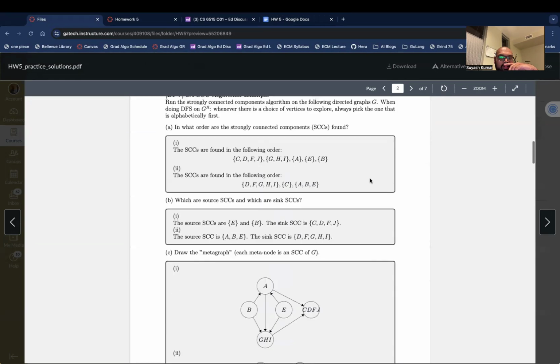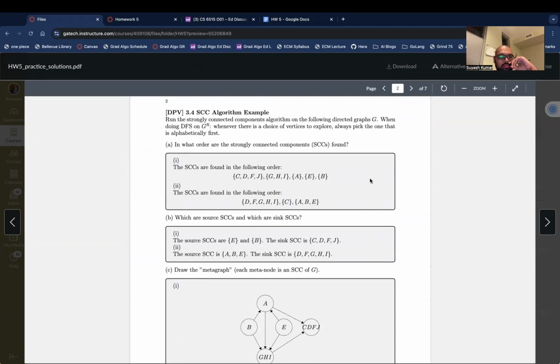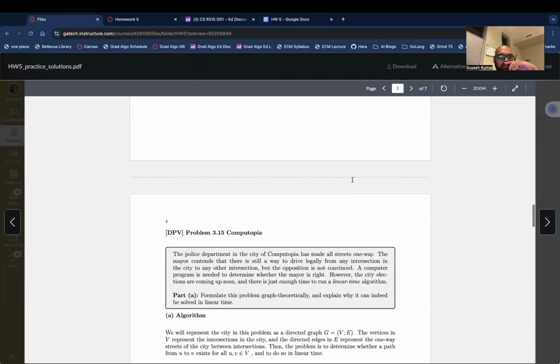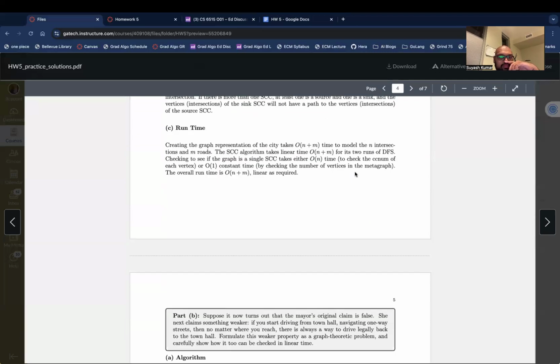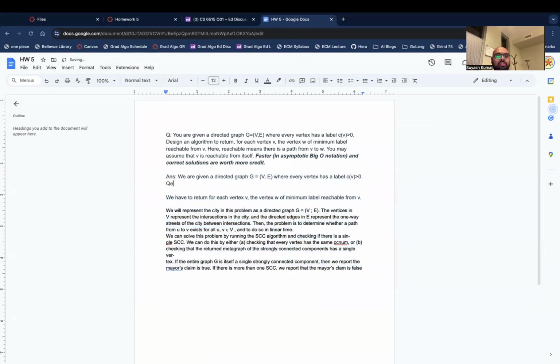So what is the complexity of strongly connected components?